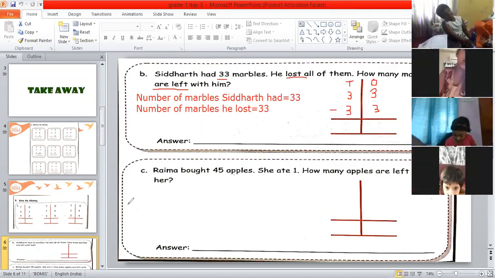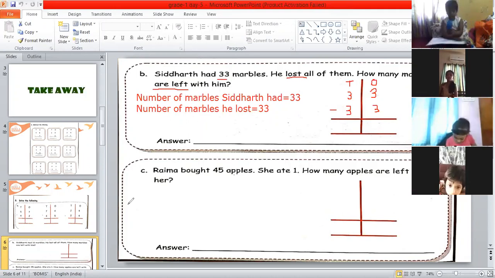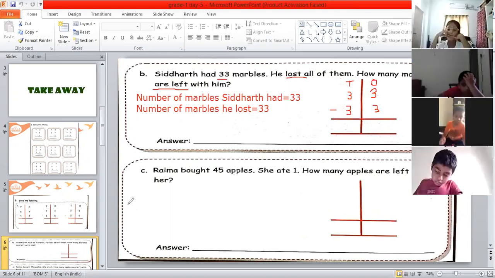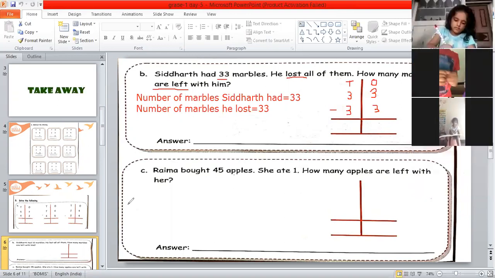Dhruti? Yes, ma'am. Dhruti, tell me what are the two numbers in the ones place? The screen is not coming, ma'am.